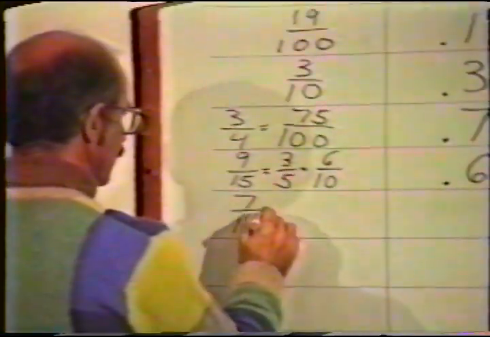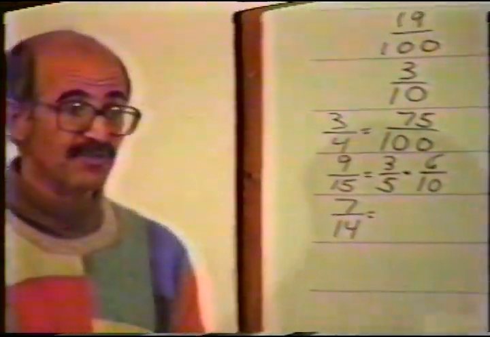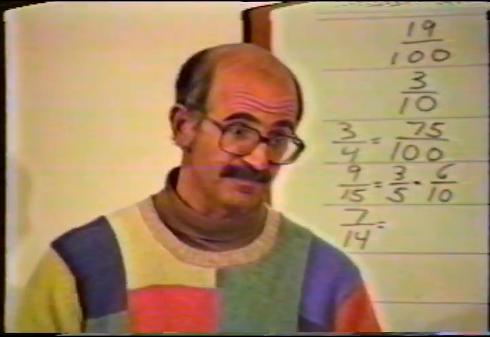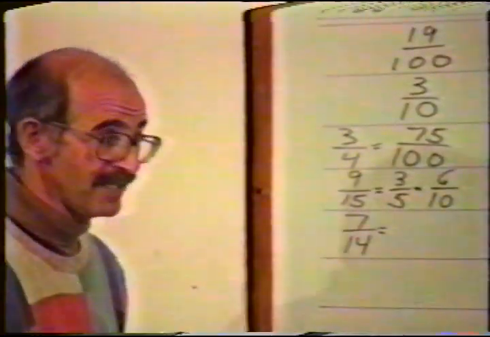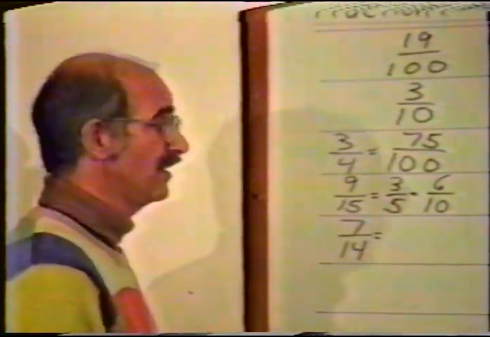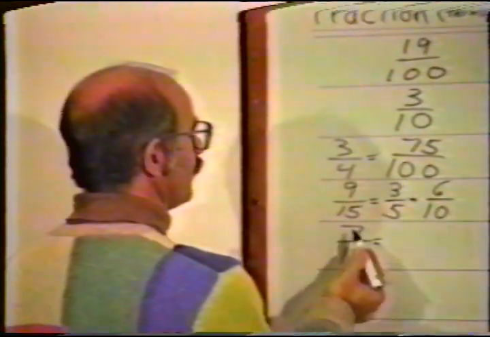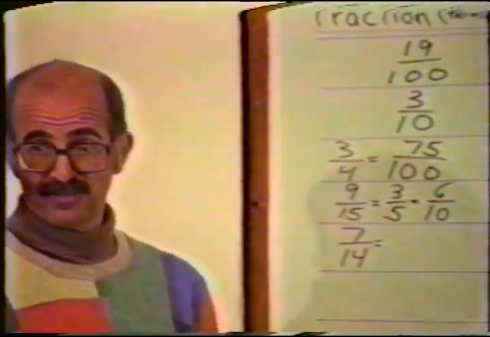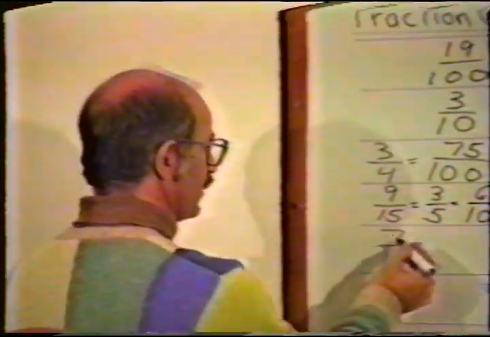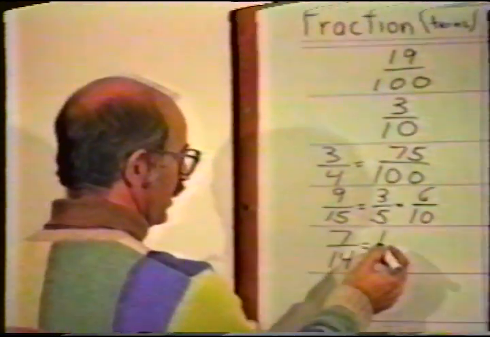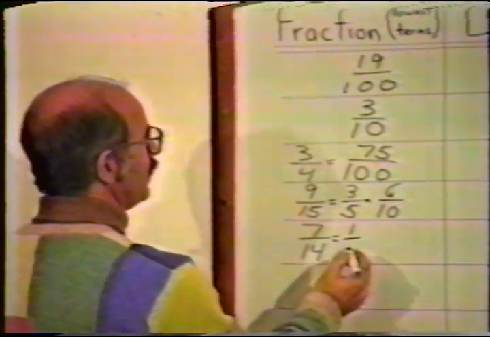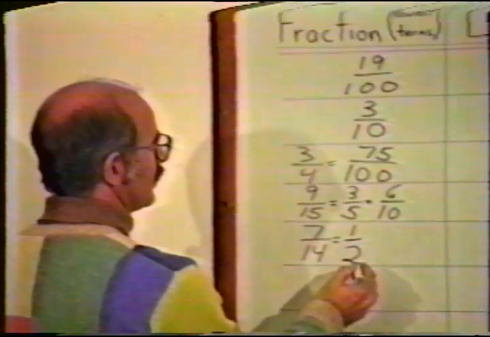The next one is 7/14. Does it already have 10 or 100 on the bottom? No. Can I make it 10 or 100? No. Can I reduce it? Yes. I can hit both top and bottom with 7. 7 into 7 is 1, and 7 into 14 is 2.